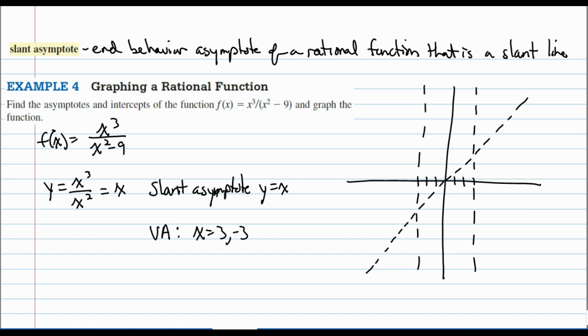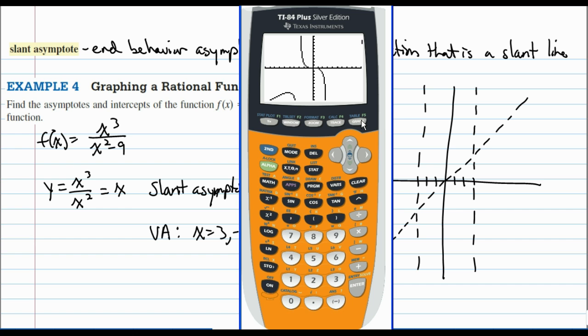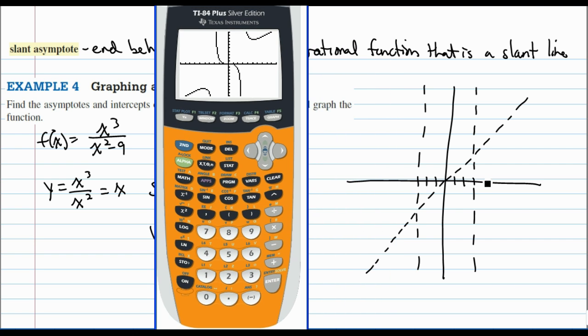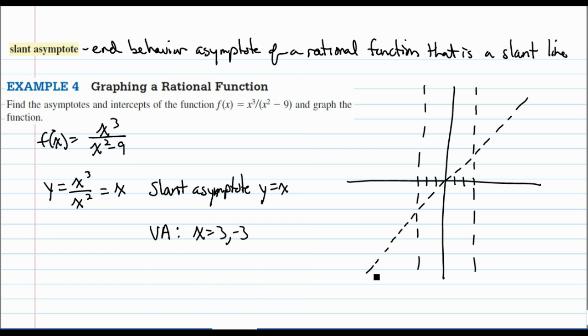Alright, so now these boundaries will help me accurately sketch my graph. I'm going to get the graph from my calculator still, but now my sketch will be more accurate because I have all the vertical asymptotes and slant asymptotes marked. So now instead of this change from increasing to decreasing down at the bottom left there in quadrant 3 floating out in the middle of nowhere, I know where it is.